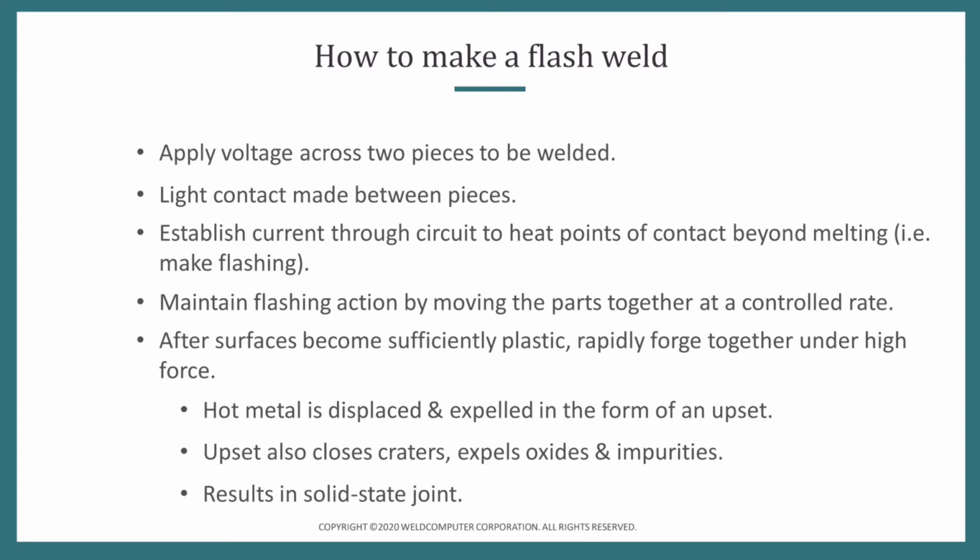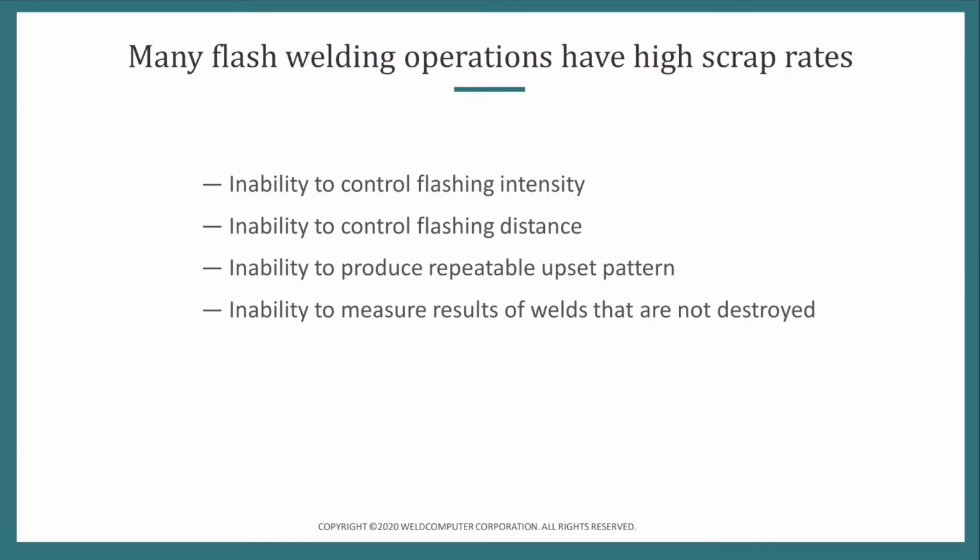And then, of course, after the surfaces become sufficiently plastic, you rapidly forge them together. Many operations doing this have high scrap rates because they can't control the flash intensity, or they can't control the flashing distance, and or they can't make a repeatable upset.